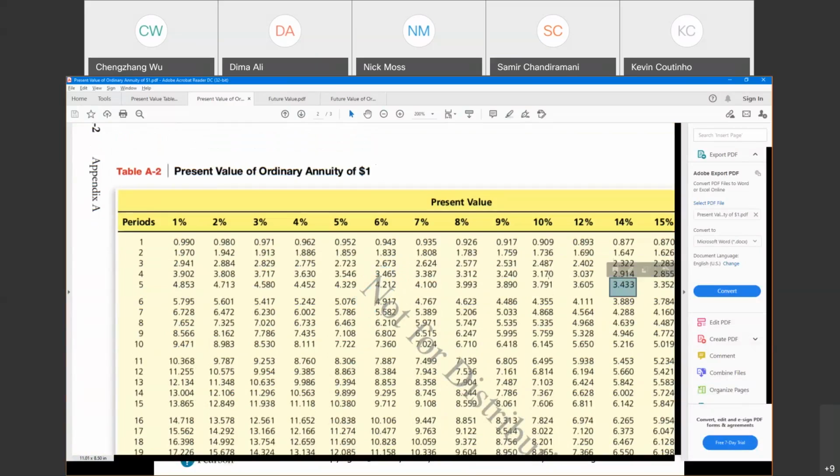Well, this factor, interest rate of 14% and periods of 5, is 3.433.